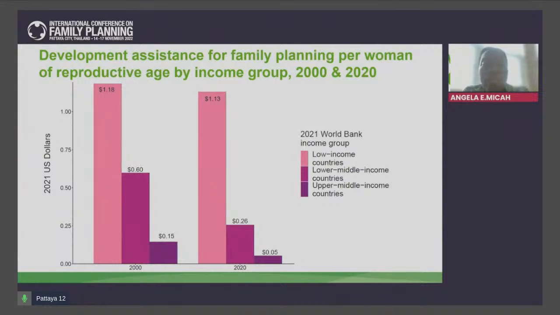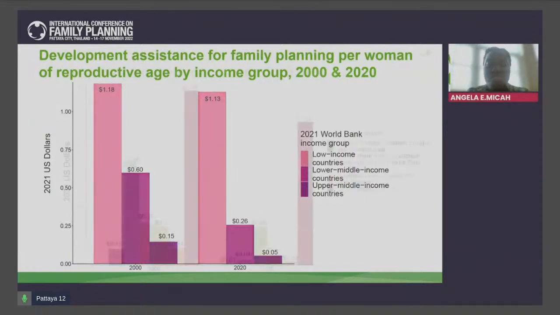We see that over time, it seems that a little less is being contributed in more recent years. However, across income groups, it seems like the majority of funding has been targeted towards low and lower middle income countries, which is what we would generally assume was happening.